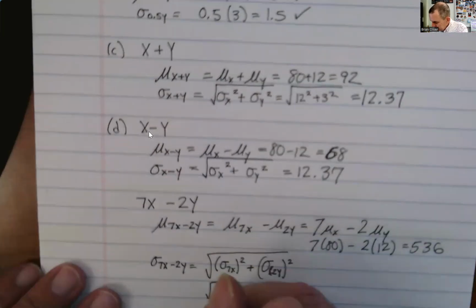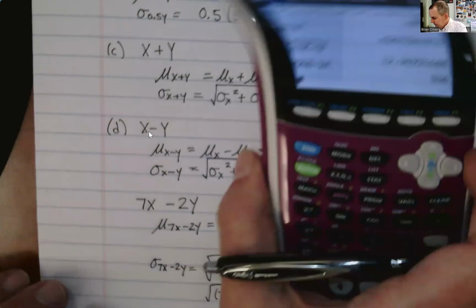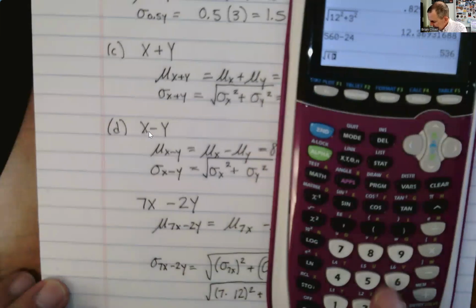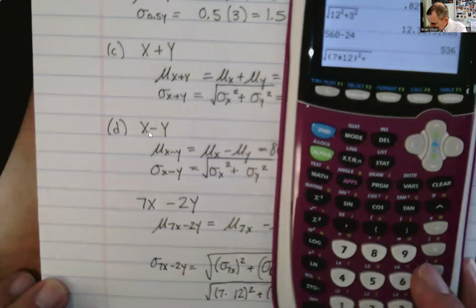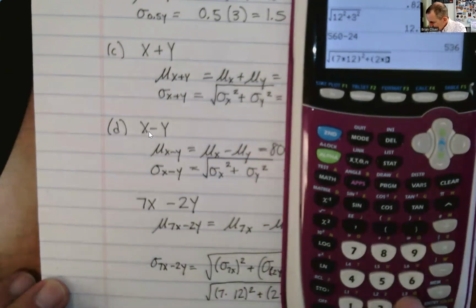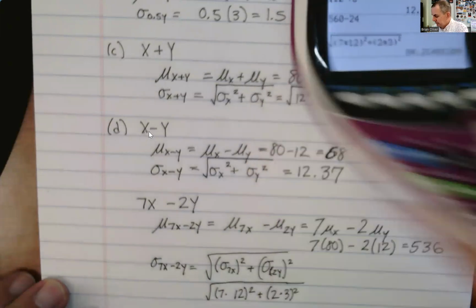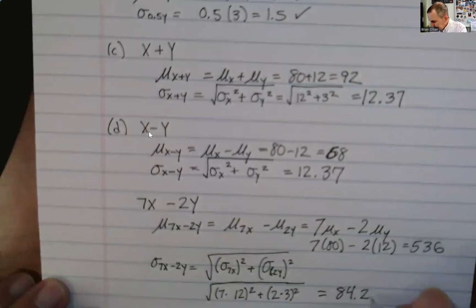So it's going to be 7 times my original squared plus 2 times my original, which was 3, squared. And I'm going to go to my calculator and figure out that that is 84.21. And so this guy's new standard deviation is going to be 84.21.